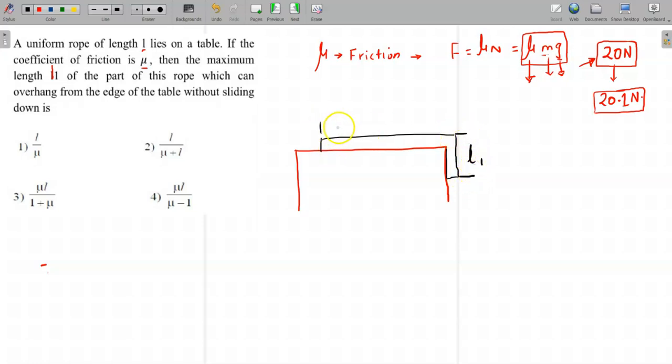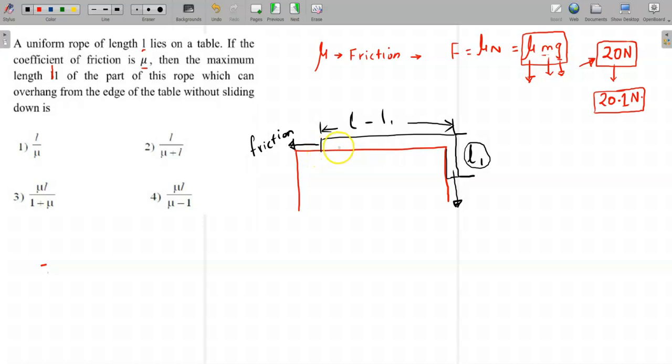And this length, from this point to this point, is L minus L1, because the total length is L. The small portion L1 is pulling the complete rope downwards, and the rope resting on the table is pulling in the opposite direction because of the friction.